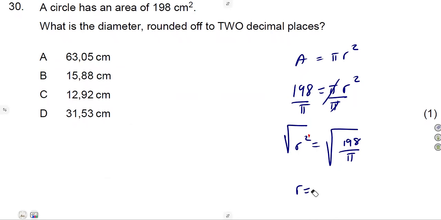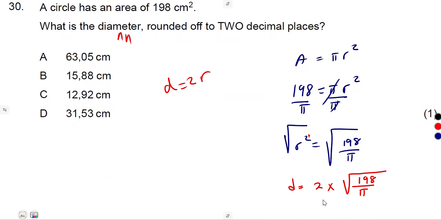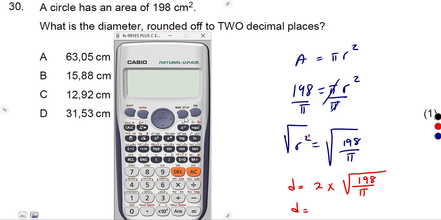But here they need you to calculate the diameter. Diameter is equal to 2 times the radius. So whatever you're going to get here, multiply it by 2. You are going to get the diameter. Just like that. So the radius times 2 gives us the diameter.